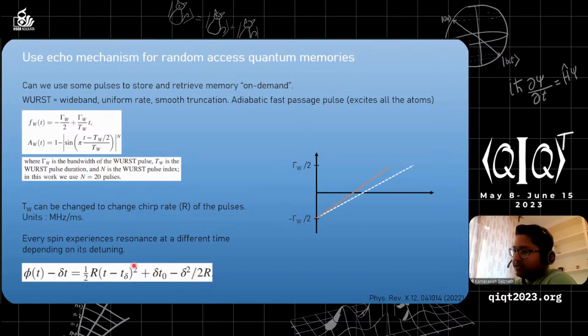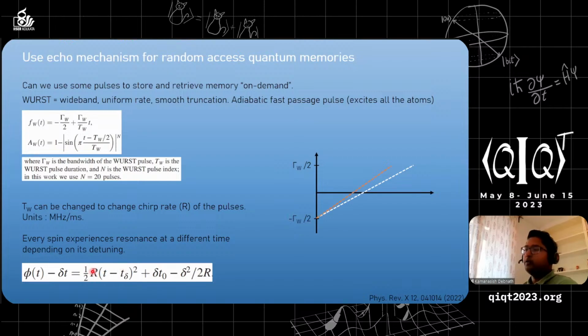But also there are terms, for example, this one which depends on the chirp rate. What that means is that if you excite all the atoms in an inhomogeneously broadened collection of atoms from ground to excited, the atoms will acquire phases based on their detunings, which is completely fine, but they will also acquire a phase which depends on the chirp rate.